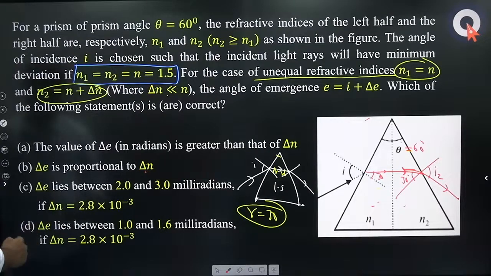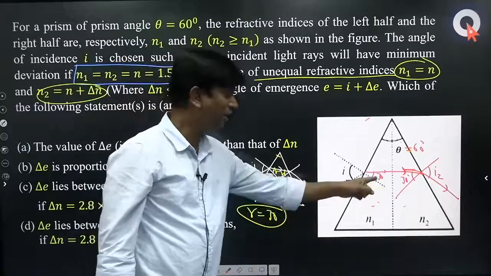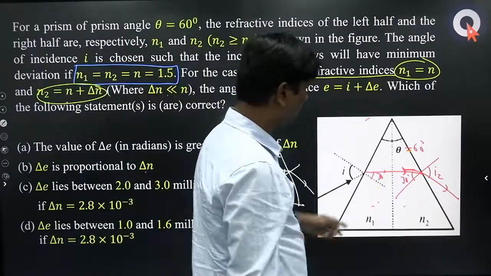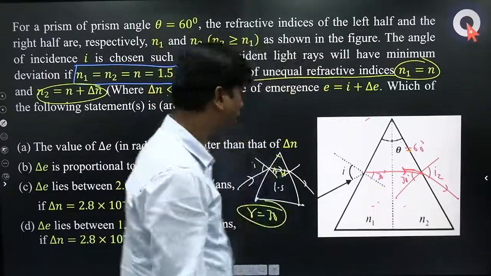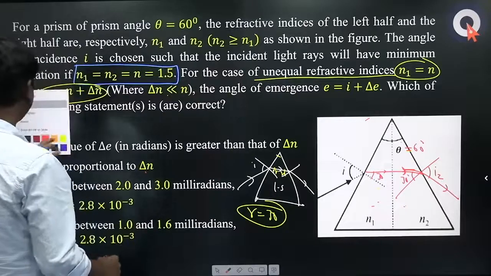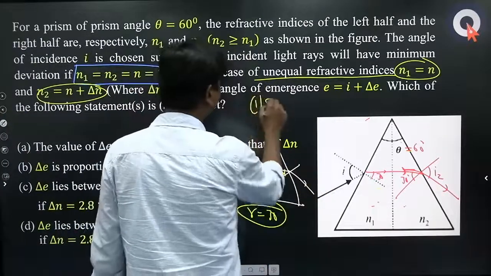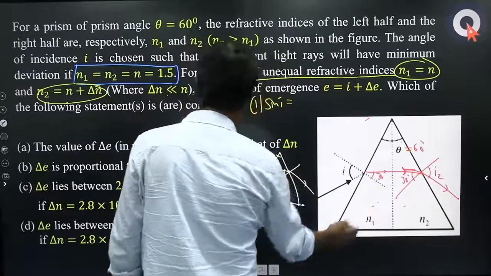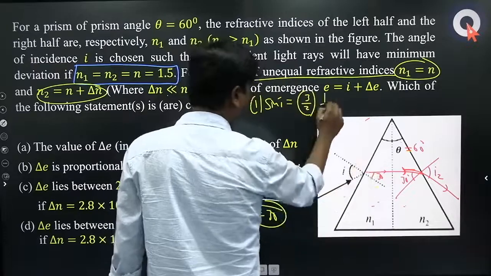First we have to take the value of I by applying Snell's law here and here, because the R value you already got as 30, because of minimum deviation. So how to get the value of I? Apply Snell's law: 1 into sin I equals mu, which is 1.5, that is 3 by 2, into sin R, sin 30, which is 1 by 2.